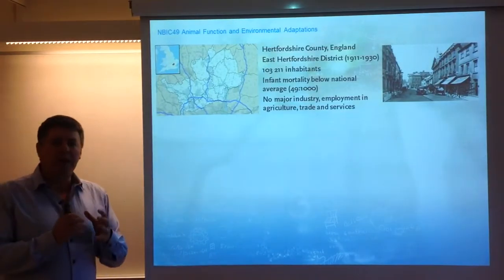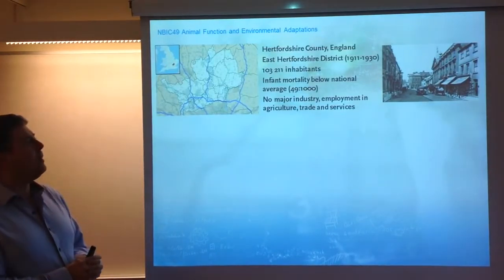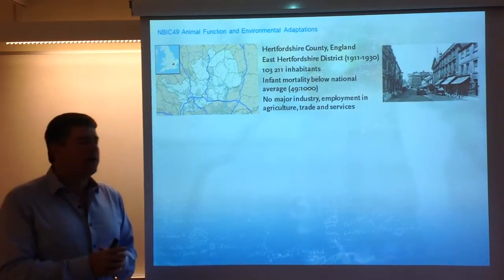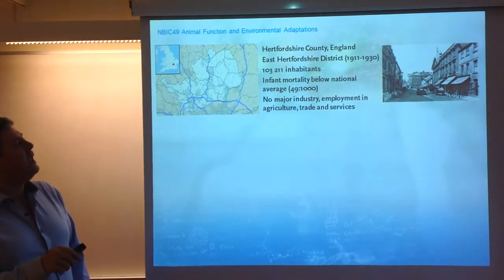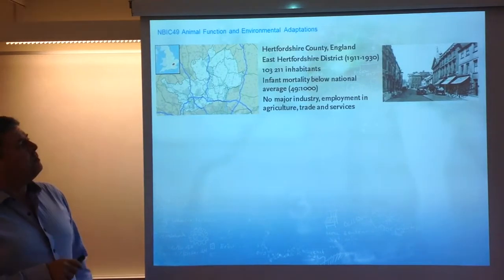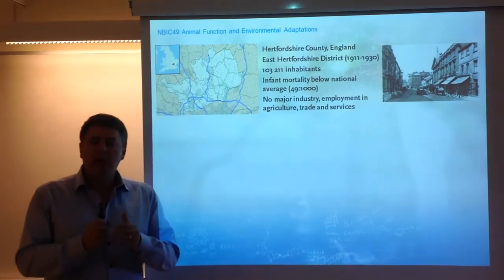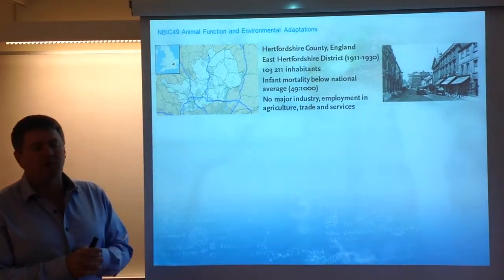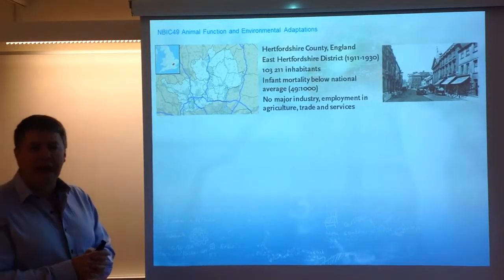The main basis of David Barker's work is a large health record from a county in England, Hertfordshire, in particular one district in which, between 1911 and 1930, there were a little over 100,000 inhabitants.